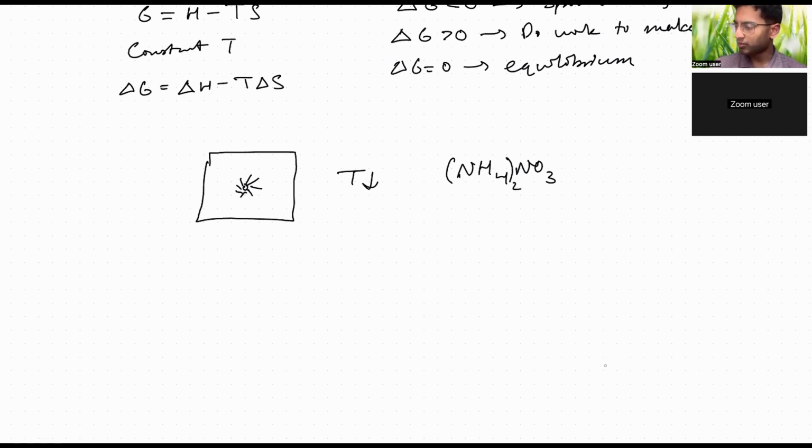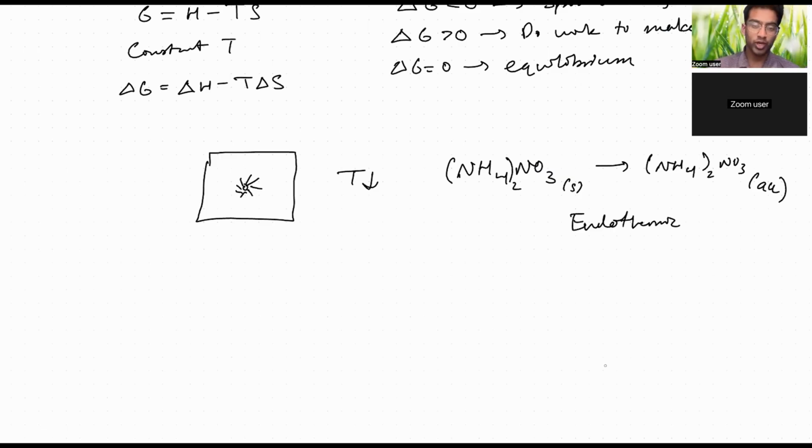So you go from solid to aqueous. And this reaction, of course, is very endothermic. So it requires a lot of heat, which is why it gets very, very cold.